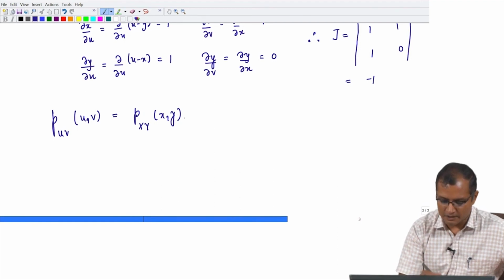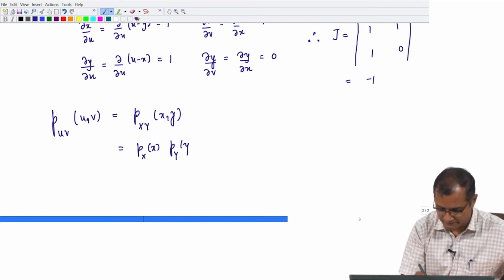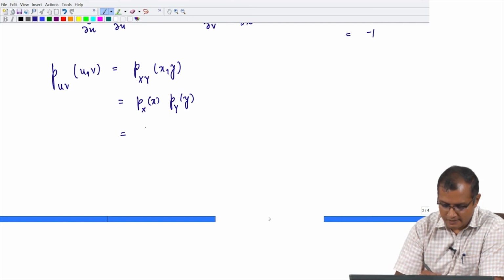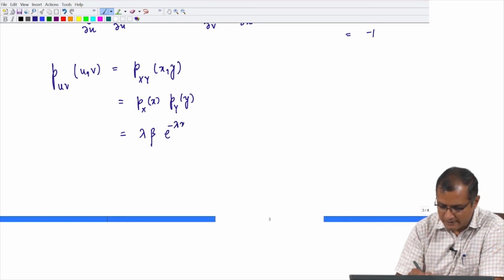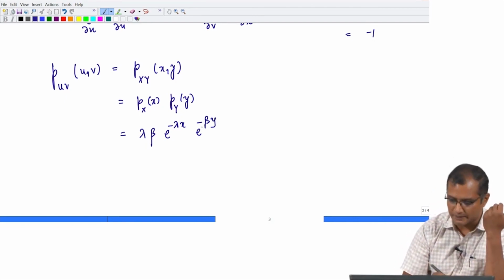But this is nothing but the product of individual distributions, because x and y are independent. So, now you can write this as lambda into beta e raised to minus lambda x into e raised to minus beta y. Those are the forms of p x and p y.